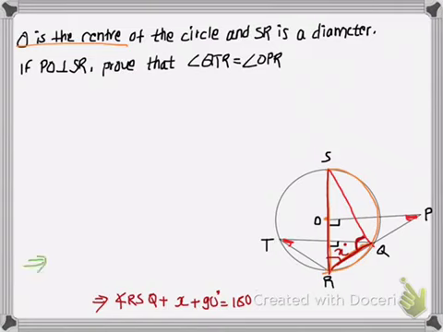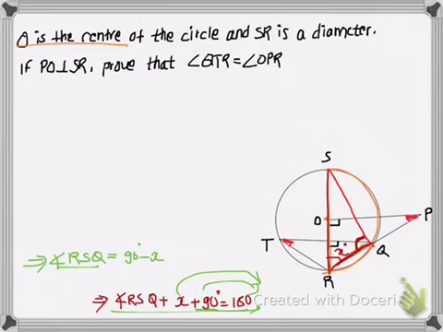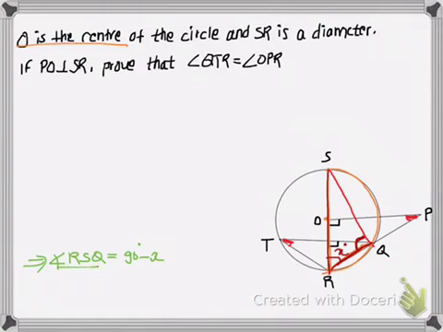If I solve this equation, I write angle RSQ on one side and take 90 and x to the other side. Positive 90 becomes negative, so 180 minus 90 is 90 degrees, and positive x becomes negative x. So the value for angle RSQ is 90 degrees minus x degrees.